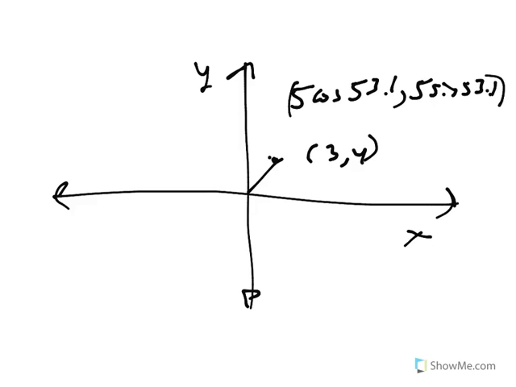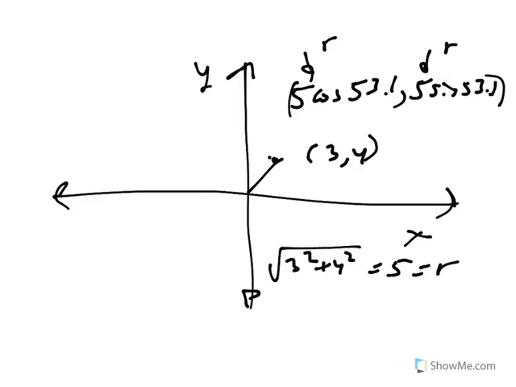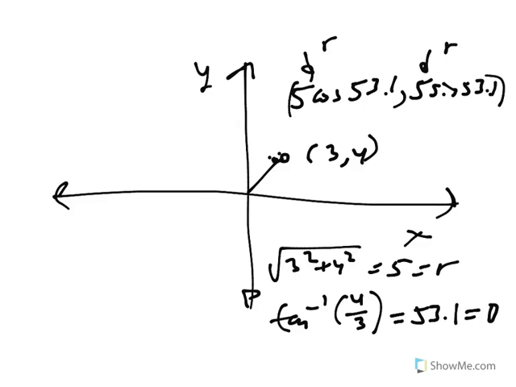We did that by taking the square root of 3 squared plus 4 squared equals 5. That was the r value, which is the thing that goes here and here. And for the angle, we did tan inverse of 4 over 3, which became 53.1 degrees. We didn't have to move it. This is in quadrant 1, so that just ended up being theta.